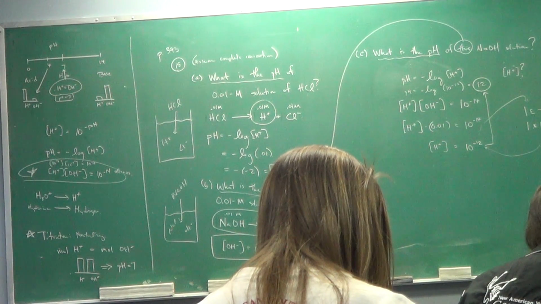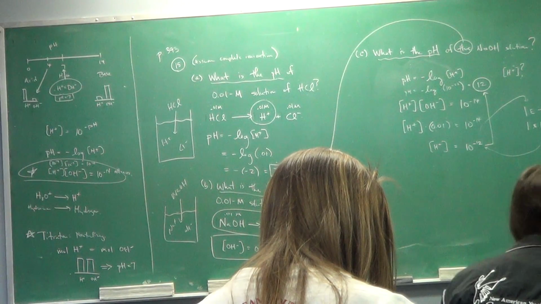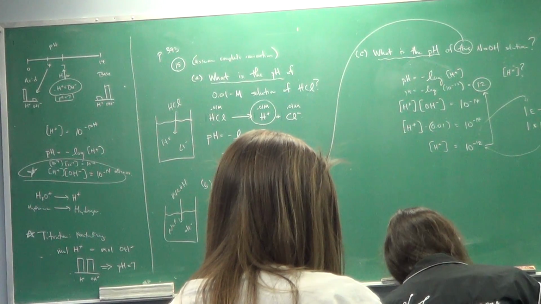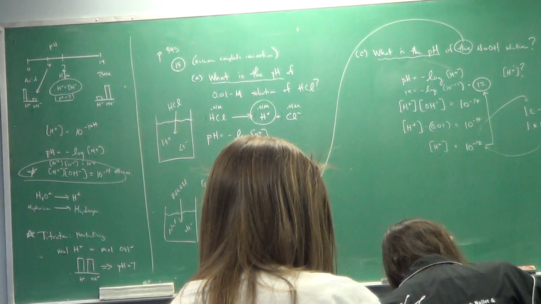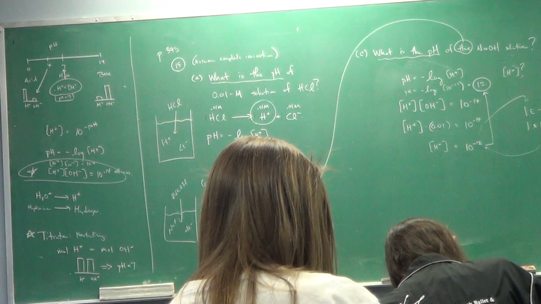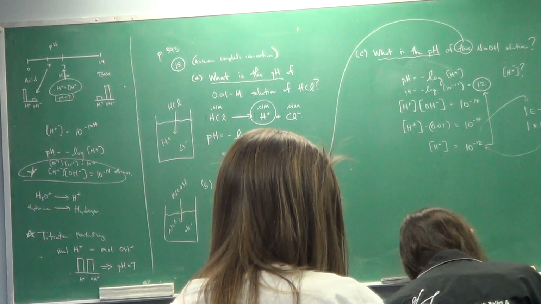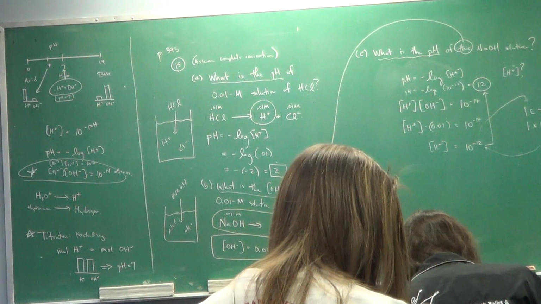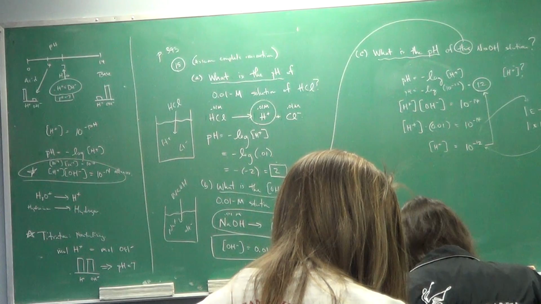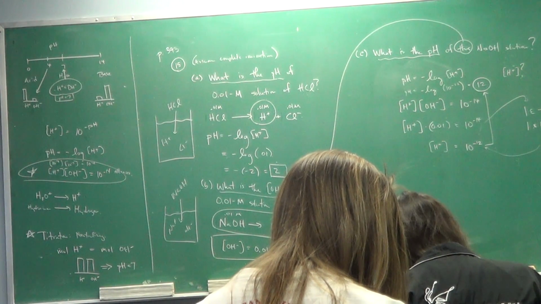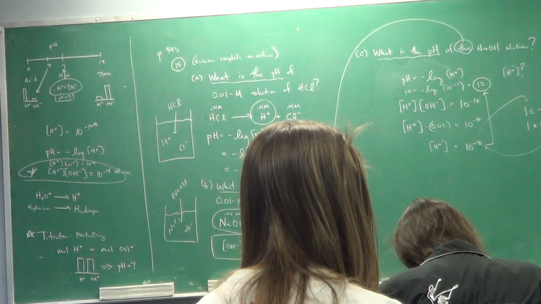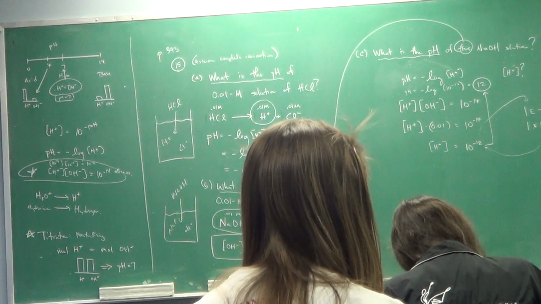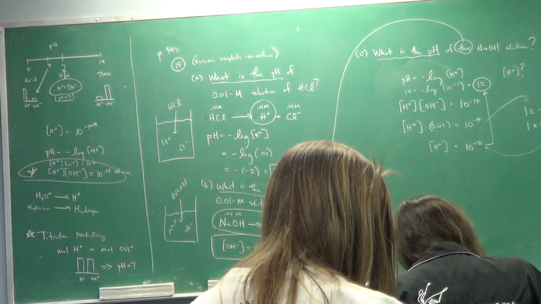Divide 1e negative 14 by 1e negative 6, and you get 1e to the negative 8, which means 1 times 10 to the negative 8. You could also write that as 0.00000001 molar. So either of those would work.